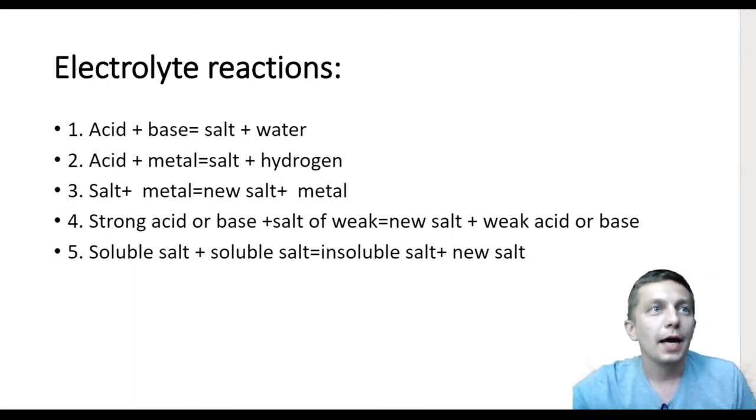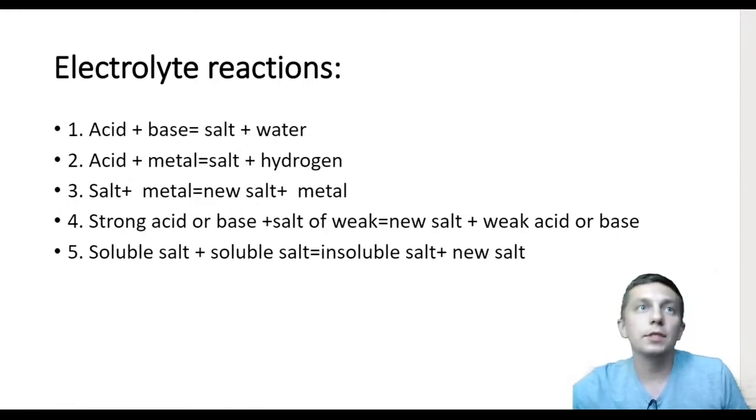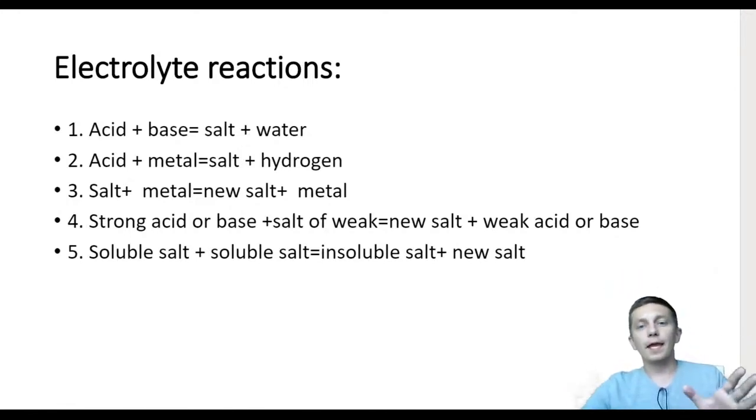So the tendency for all these reactions: if you have something strong and can form something weak, the reaction will happen. For example, water is a weak electrolyte, hydrogen is a weak electrolyte, new metal is also weak, weak acid is a weak electrolyte, insoluble salt is a weak electrolyte.